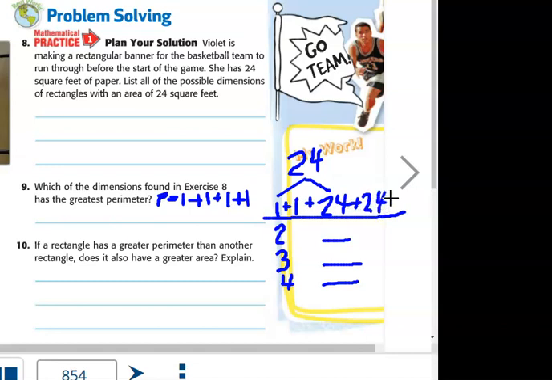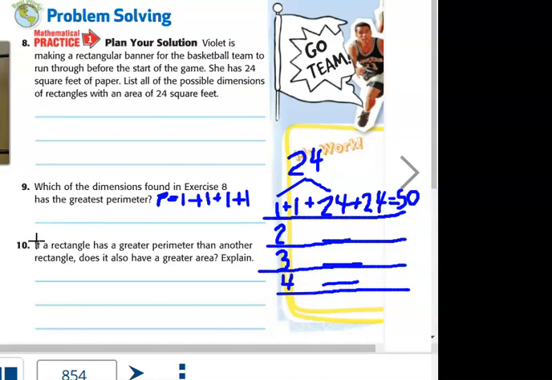So when I add all those up, I'm going to get 24 and 24 is 48, 50, so the perimeter of this shape will be 50. And see how that could be the same process on this factor pair, and this factor pair. One of these will have the greatest perimeter, and that's the dimensions that you're going to write here.